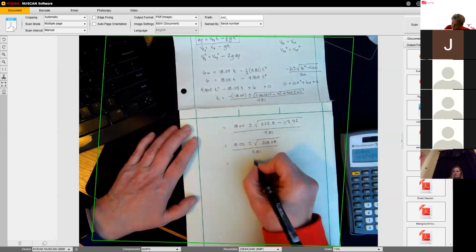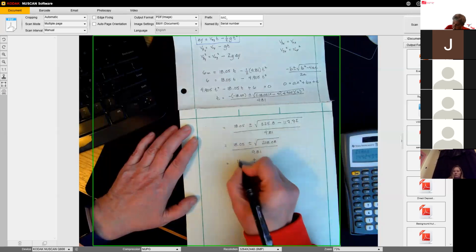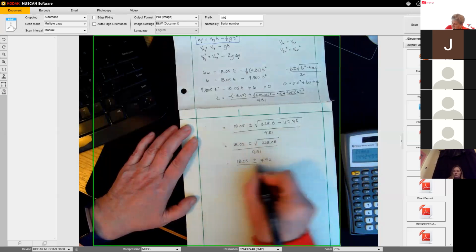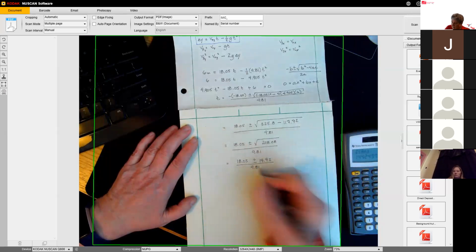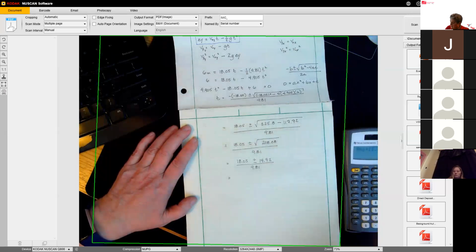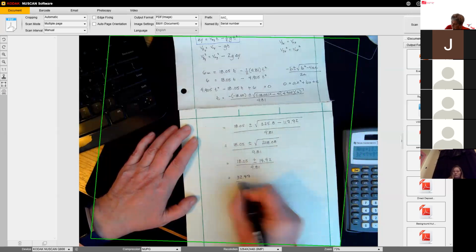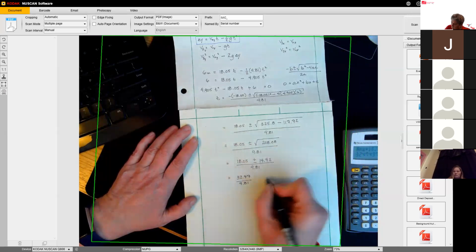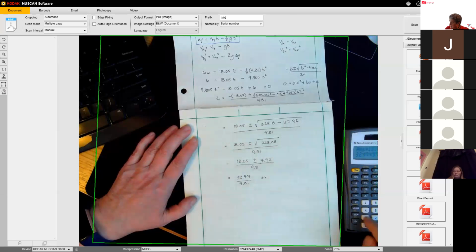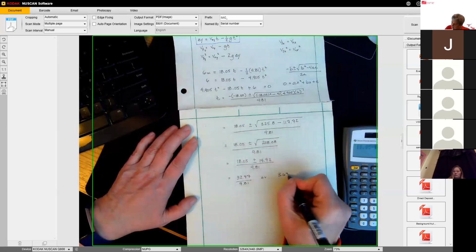This gives me plus or minus 14.42, 1805. This is going to be 32.47 divided by 9.81, or 3.63 divided by 9.81.